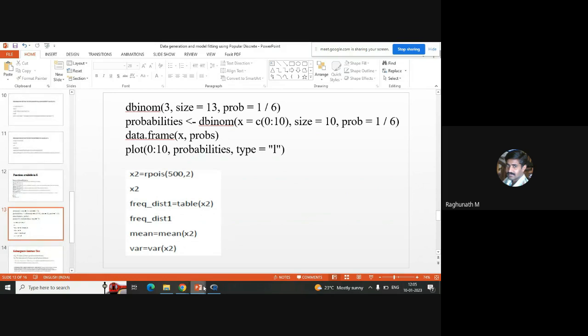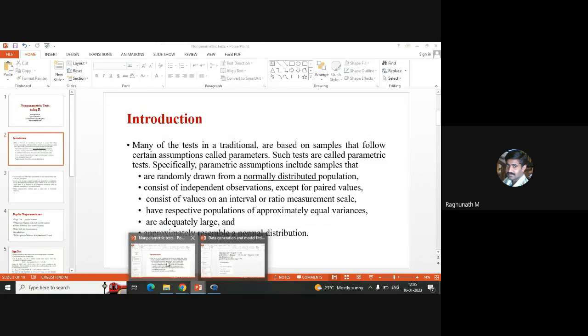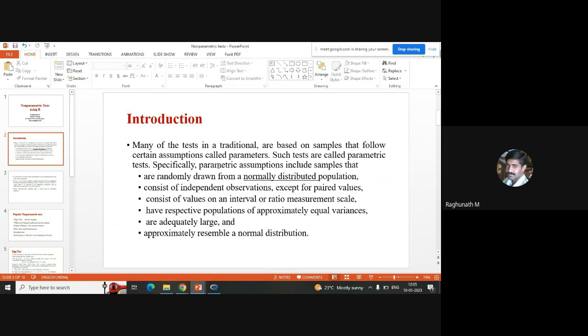Now coming to my slide for today's session, there are many tests. Whenever we talk about data, what is data? Most of our statistical techniques or methods are developed based on a sample. A sample is a portion which you have taken from a population.